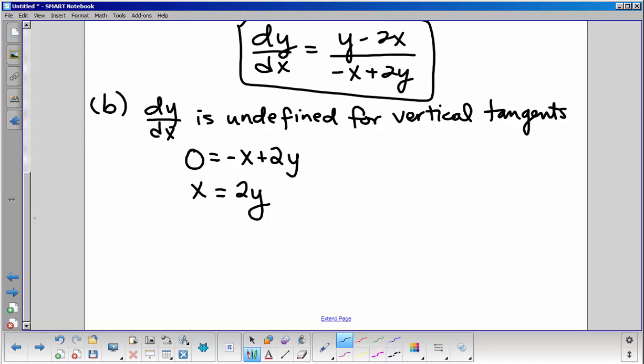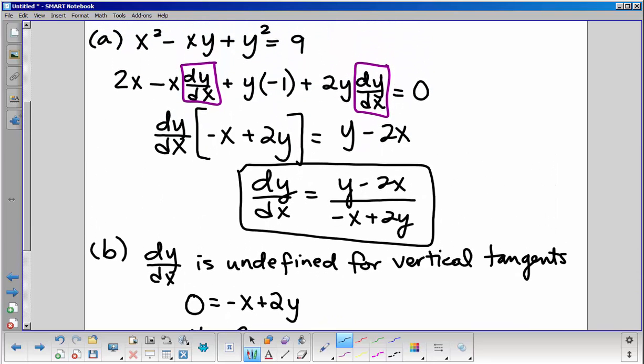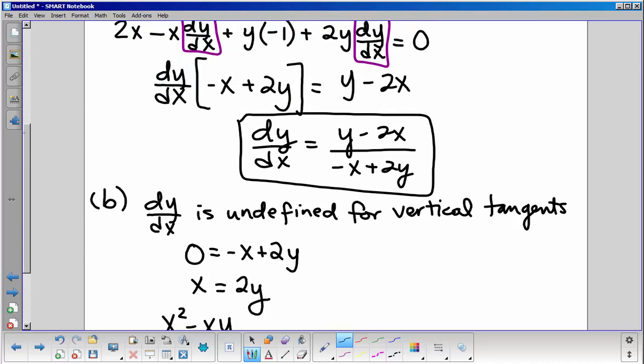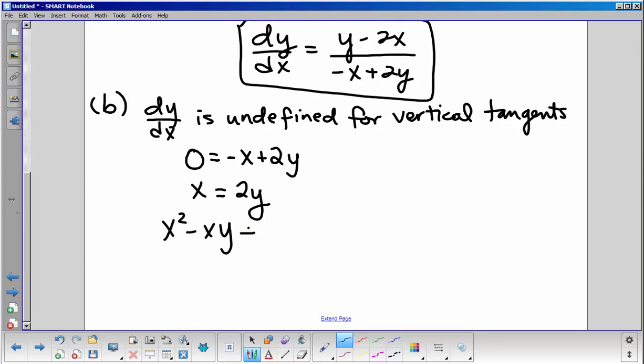What was the other equation that we started off with? x squared minus xy plus y squared equals 9. These two things have to be true for a vertical tangent. First, the point has to be on the curve. And then the slope has to be undefined, which happens when x equals 2y.